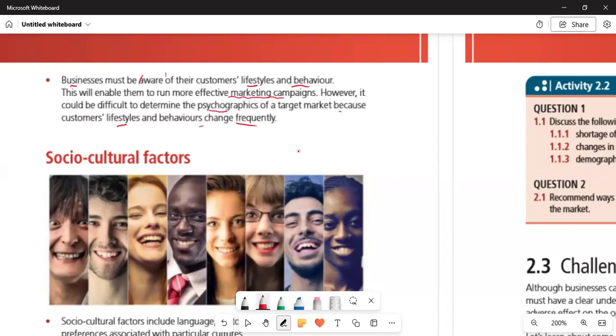Now we come to the socio-cultural factors.